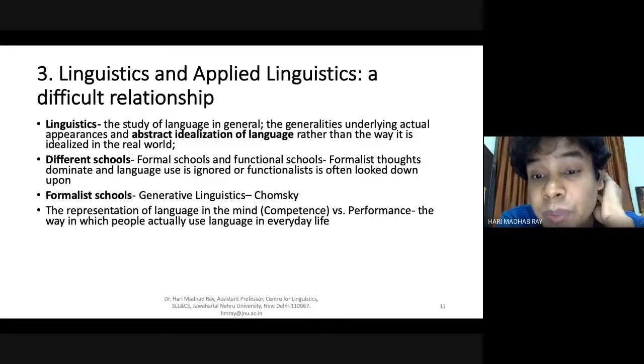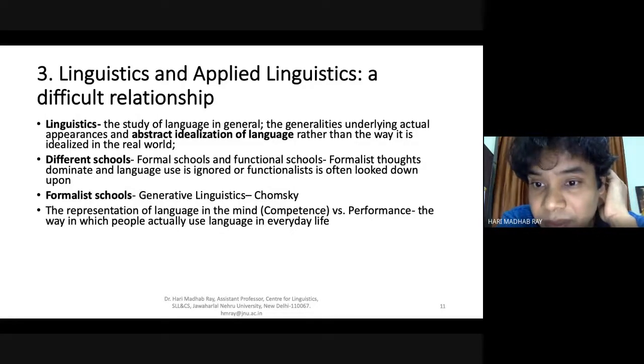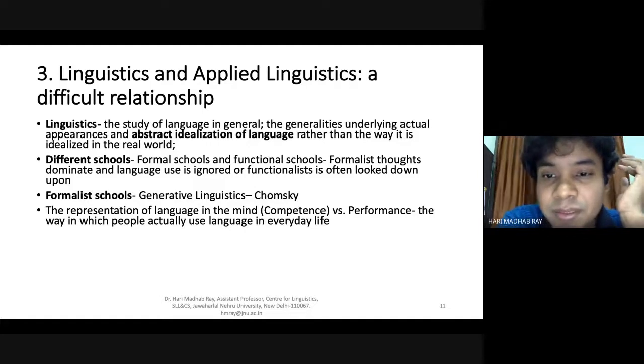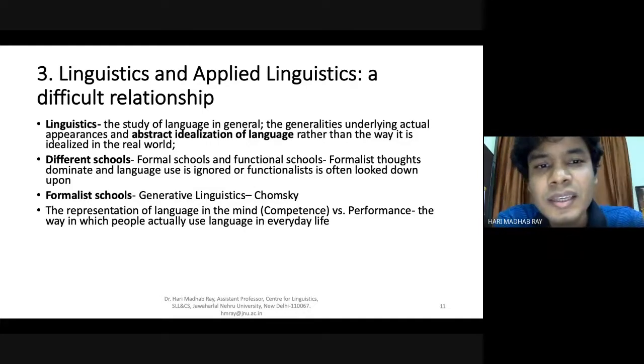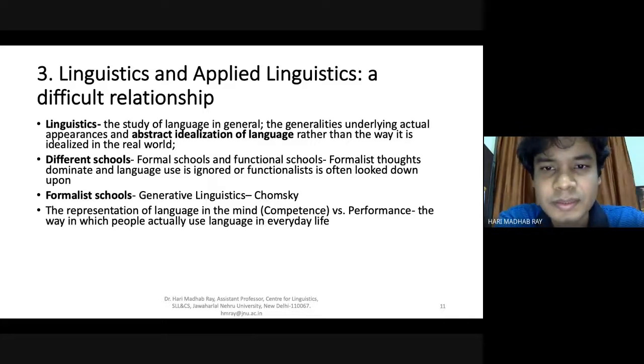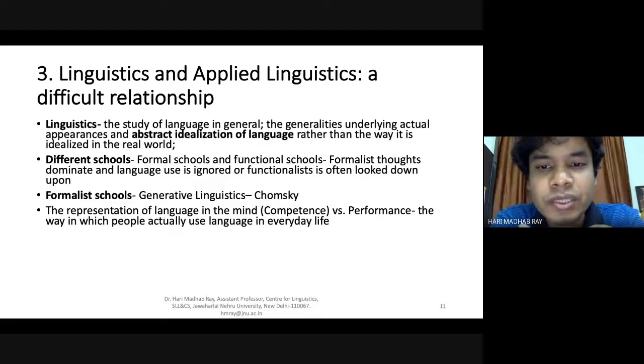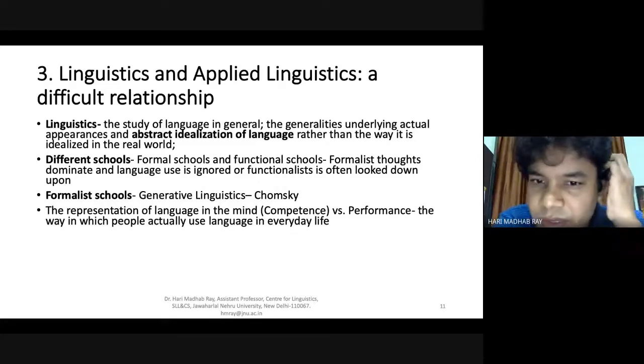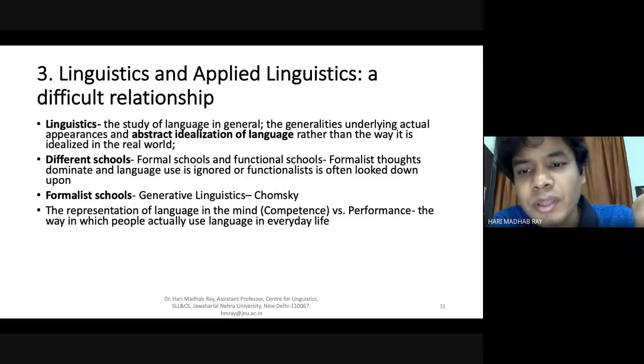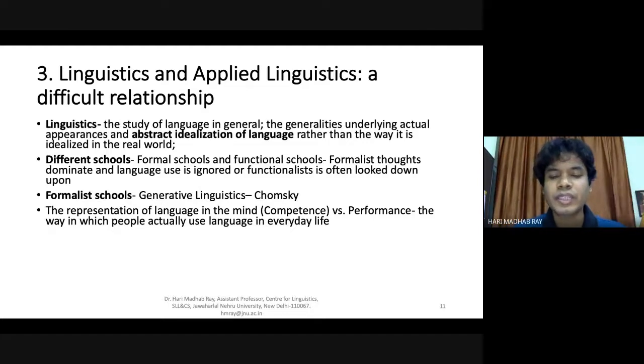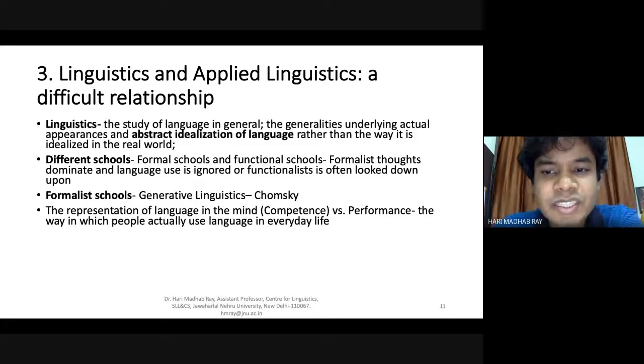Maybe I know better, but how do you judge me? Depending on my performance, definitely. Or let's say you know many things, but if I ask you a simple question and you could not answer it, maybe you know, but talking about grading, how am I going to grade you? Definitely on the basis of performance.